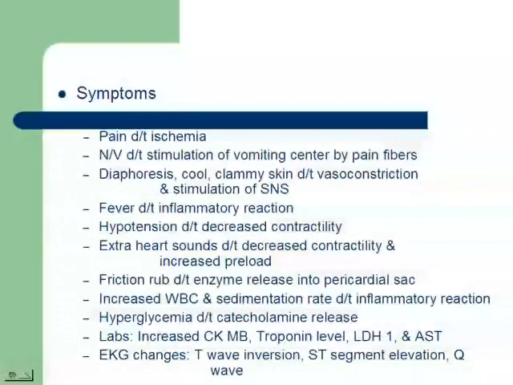So when somebody has a Q-wave, it always indicates myocardial infarction at some time or another, because it never goes away. It's pathological if it's greater than 1 millimeter deep. ST segment elevation also has to be greater than 1 millimeter, and your T-wave, as I've already said, has to be upright to be normal, inverted to show ischemia.